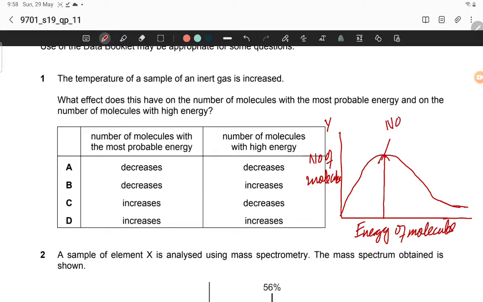At this point, the number of molecules with probable energy, and at this point, molecules with high energy.